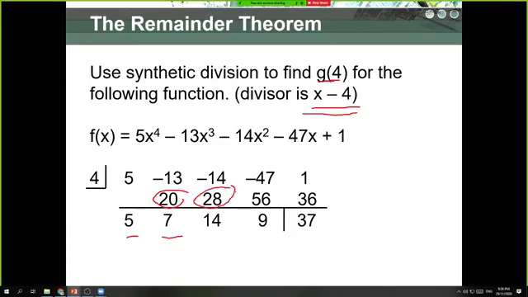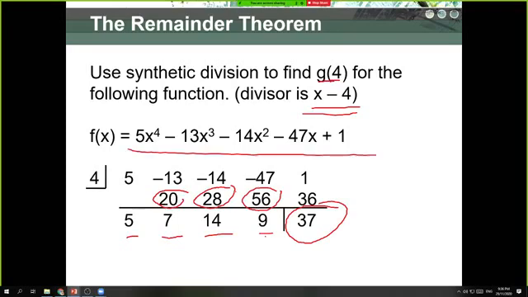Combine, you'll get 15. Sorry, 4 times 14, you'll have 56 there. You combine them again, you'll have 9. And then 9 times 4, you'll have 36. Combine, the remainder is 37. So when you divide this expression by x minus 4, the remainder is 37.